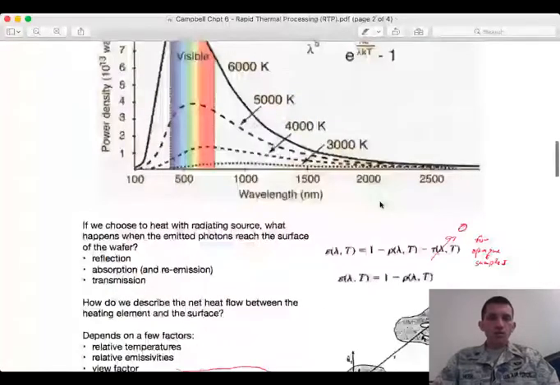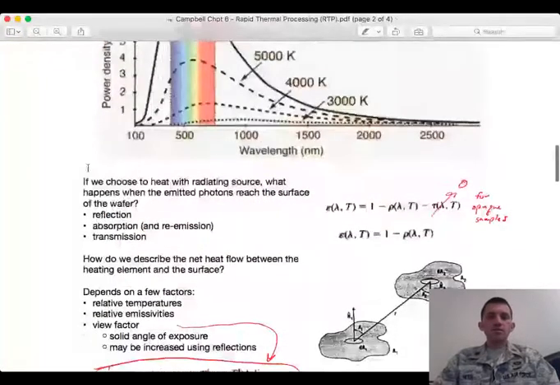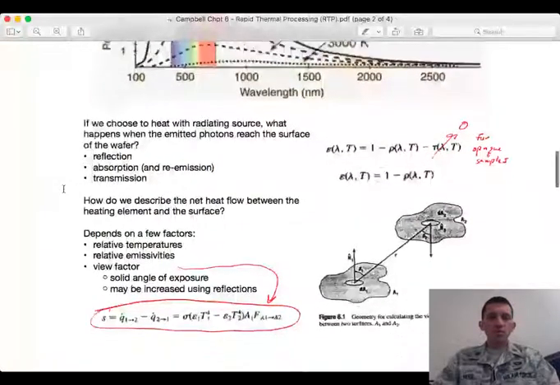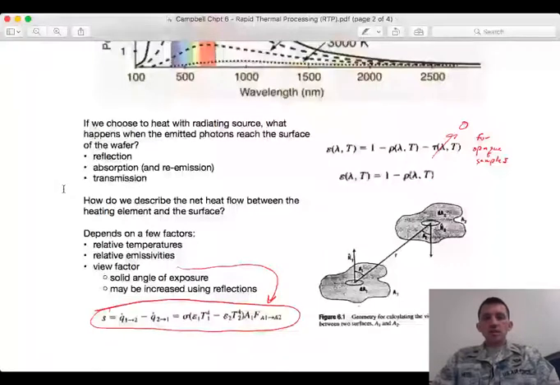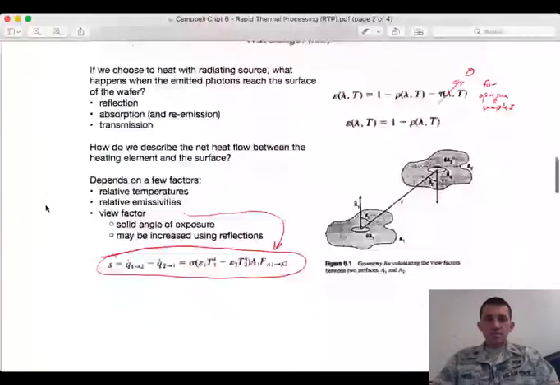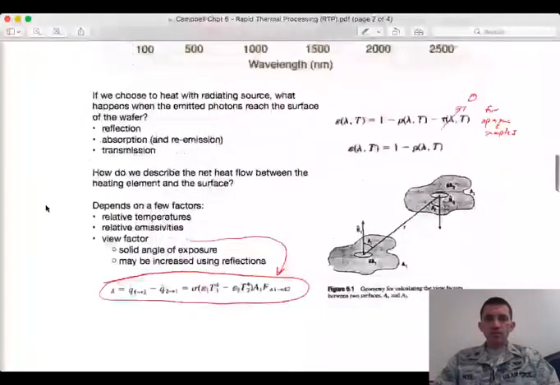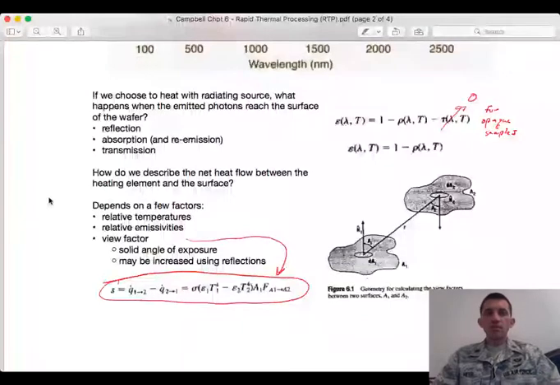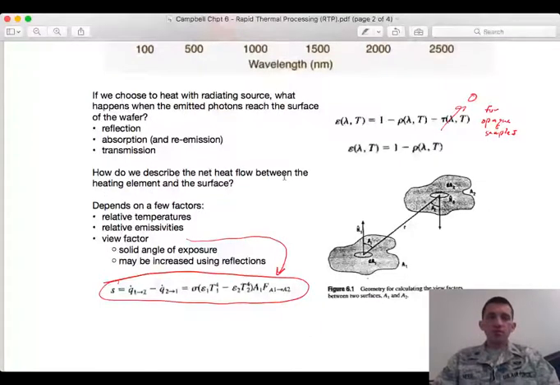So if you choose a black body and use a lamp, what happens as we are heating the surface? The emitted photons reach the surface. In all optical processes, a couple of general things can happen: the photon can be reflected, absorbed and then re-emitted, or transmitted right through.